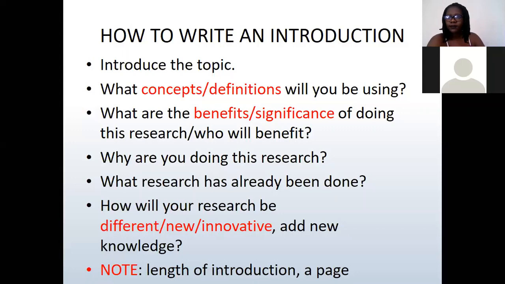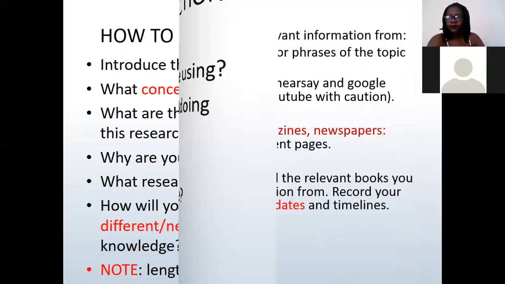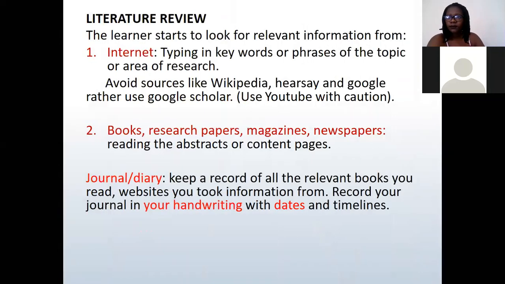And now, after the writing of the introduction, we should proceed to write a literature review. A literature review is where the learner starts to look for relevant information from various sources. I'm going to look at two main sources. The first is the internet.